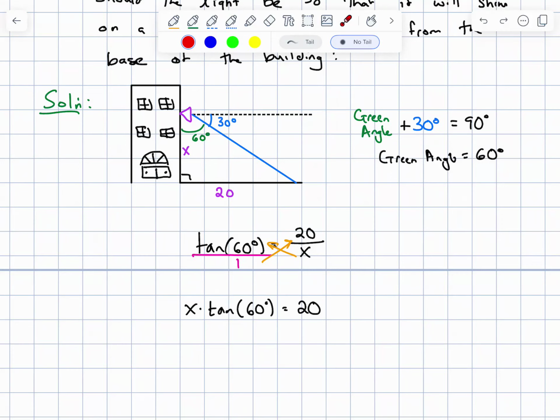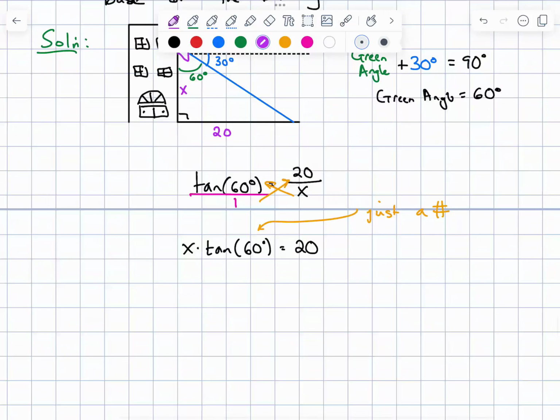It's okay. But anyways, so this one, x times tangent of 60 degrees is equal to 20. Remember, tangent of 60 degrees is just a number. Since x is being multiplied by tangent of 60 degrees, to undo that multiplication, we have to divide by tangent of 60 degrees, and that cancels it on the left.